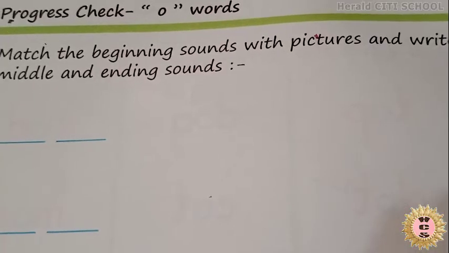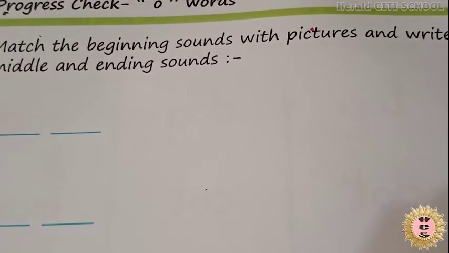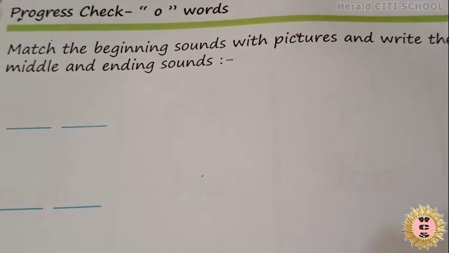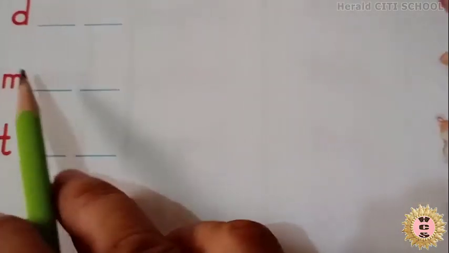And children, on the page number 24, you will write the beginning sound with the picture and write the middle and ending sound. Like this is dog. Dog.